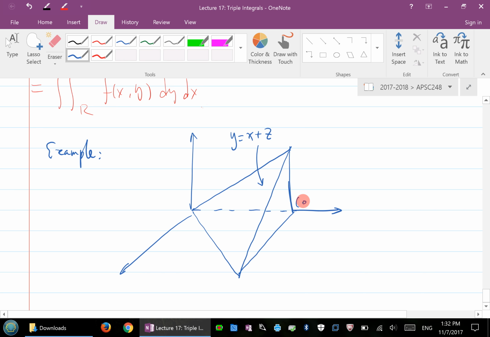And here is 0, 1, 0. So these coordinates here are 0, 1, 0. This is 1, 1, 0. Here is 0, 1, 1. Okay, that should be enough. So this is the tetrahedron, and we want to find the volume of this tetrahedron.